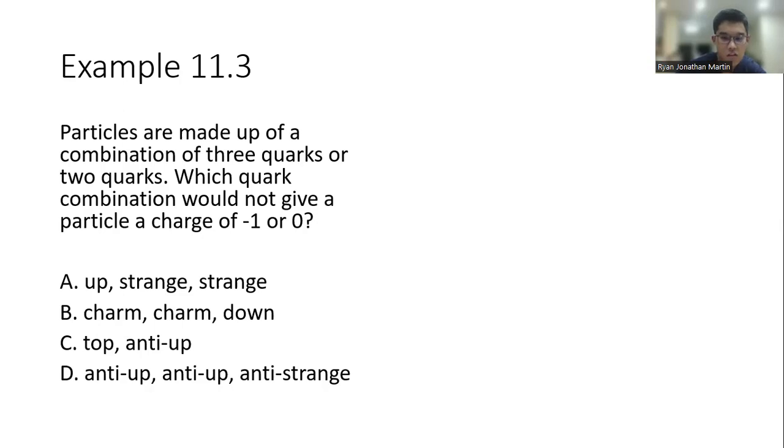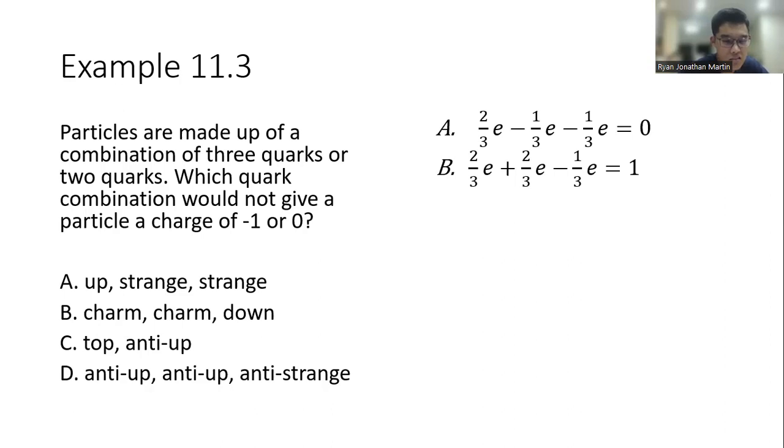C and D. C would get 0. A is up 2/3 e, strange is -1/3 e, -1/3 e, so it's 0. Up is 2/3 e, down is -1/3 e, so you get 1.